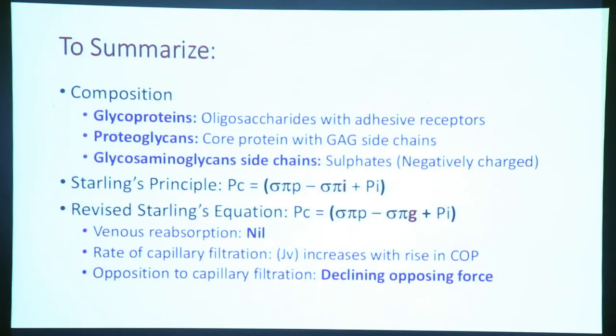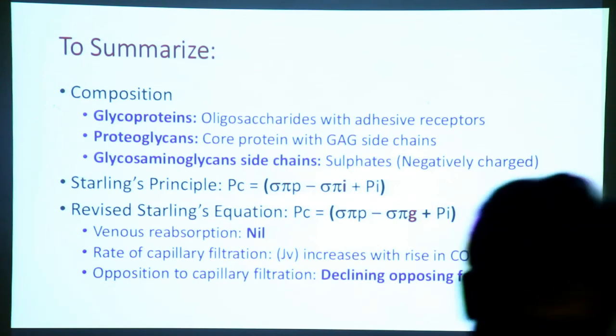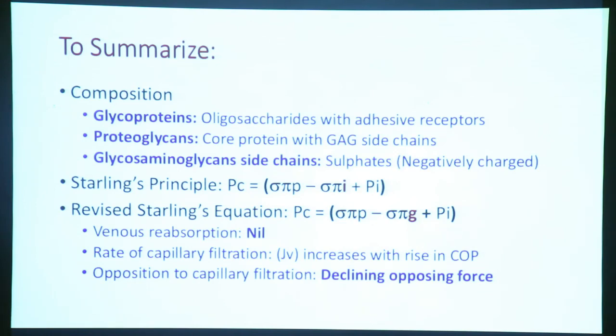So just to summarize, thank you for bearing with me. Remember, glycocalyx has important structures. The proteoglycans, which have side chains, which are like trees which form shades protecting the receptors. Glycoproteins are the ones which have the receptors. You have side chains which are present on the proteoglycan.